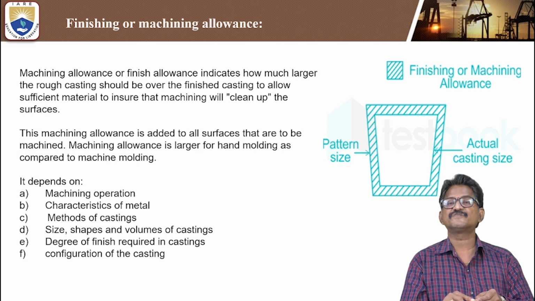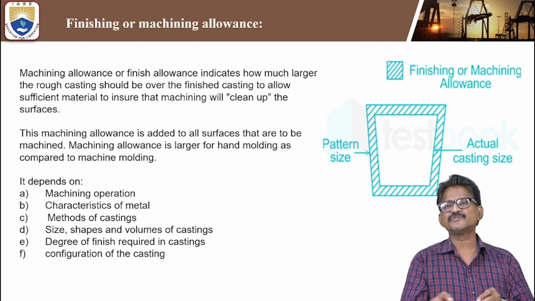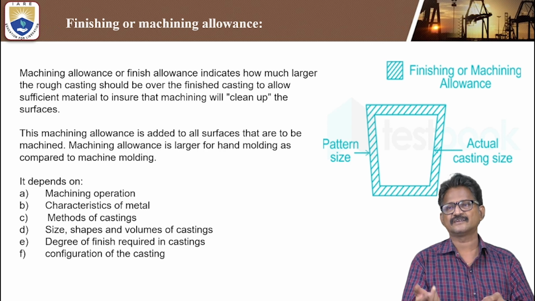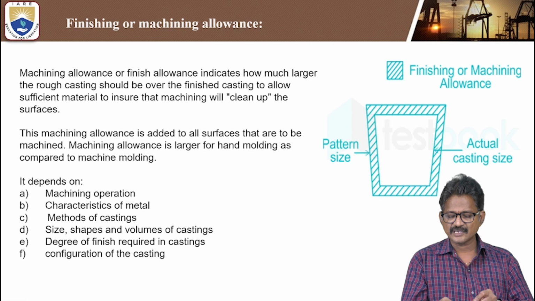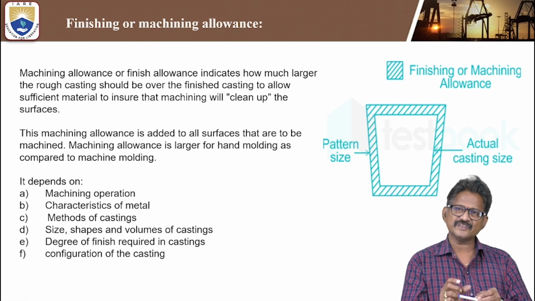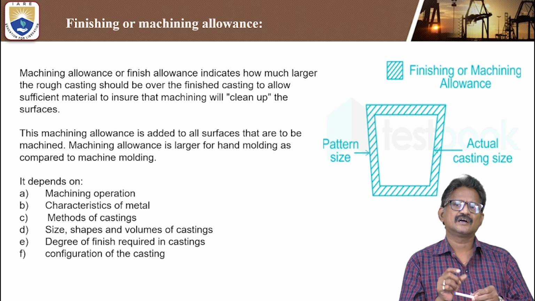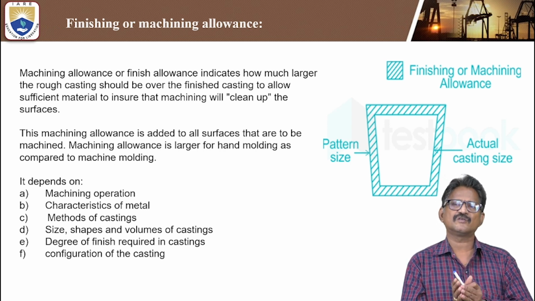To remove the rough surfaces, a metal removal process is applied, either lathe or milling or any type of process, so some material can be removed. Then only we'll get the final finished or machined component. That leads to the final good sound component.